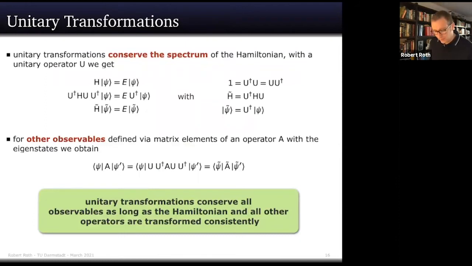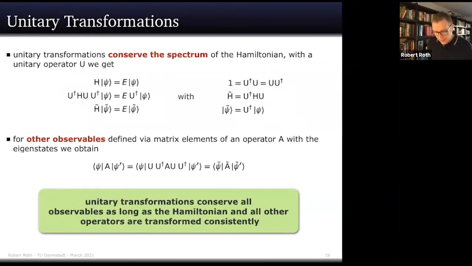That's a really simple thing. The first thing is that any unitary transformation conserves the spectrum of the Hamiltonian. That means it doesn't change the eigenvalues if you solve the Schrödinger equation. If you start from the Schrödinger equation for your original Hamiltonian H, and then just invent a unitary operator U, where unitarity means that U† U equals 1, or the other way around, U U† equals 1, it doesn't matter how that looks.